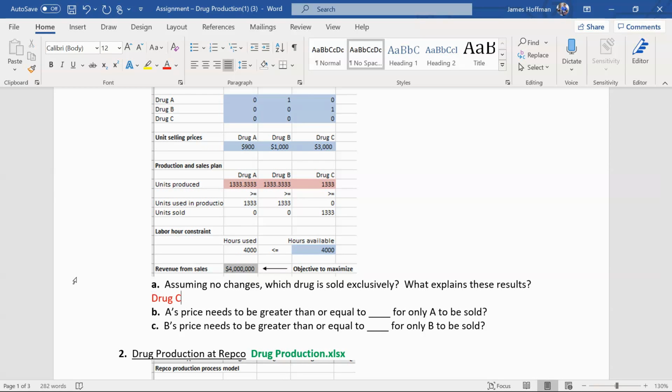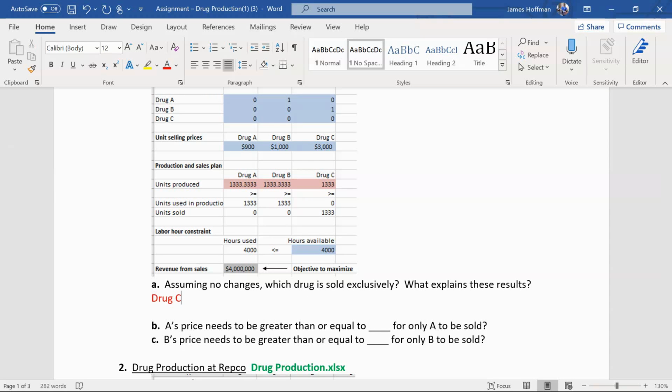Therefore, whichever drug gives you the highest return in terms of the labor it takes to make it is the one that's going to be sold, which in this case is drug C. That concept was revenue per labor hour. Revenue per labor hour is always going to explain the results.